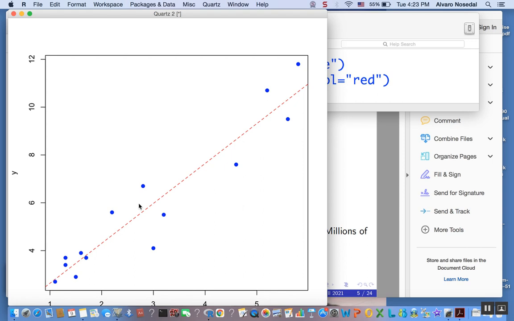If we summarize those four assumptions, we have linearity, independence, normality, and constant variance. If you want to remember those, you could use an acronym: LINE, linearity, independence, normality, and constant variance, or equal variance.